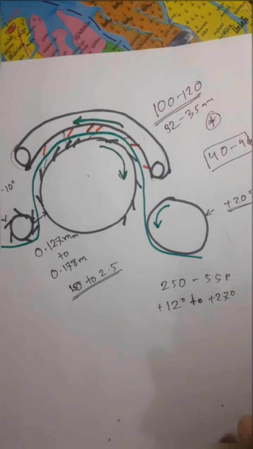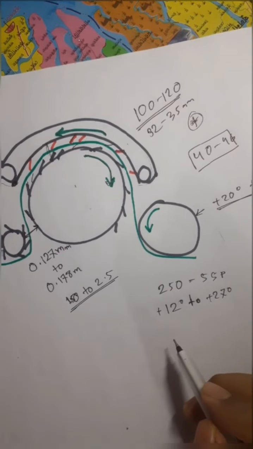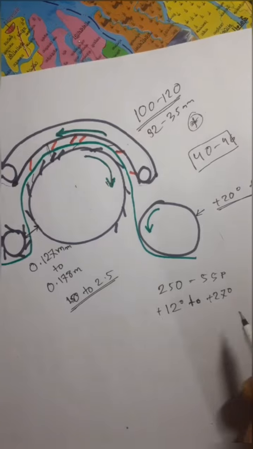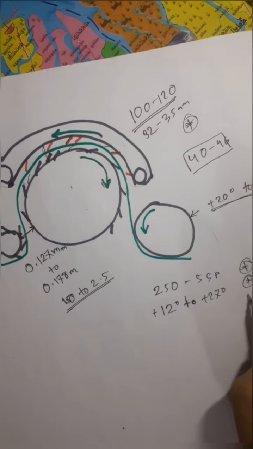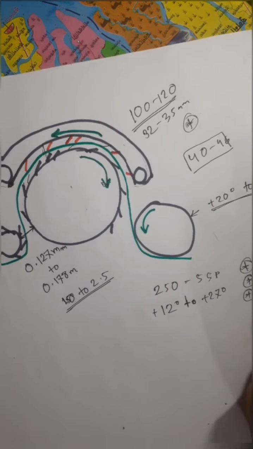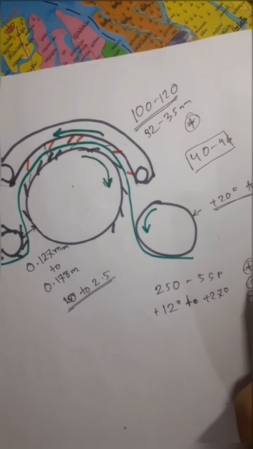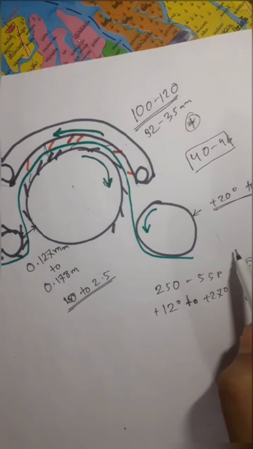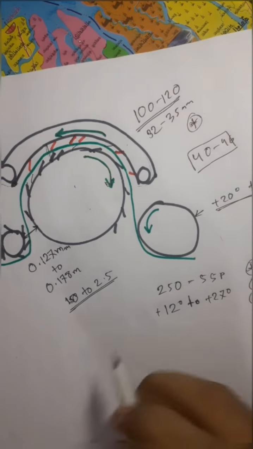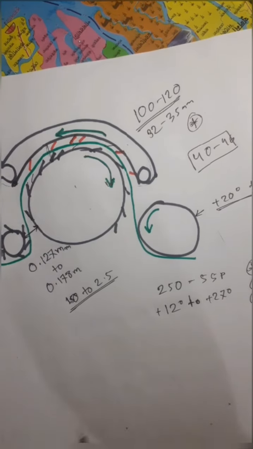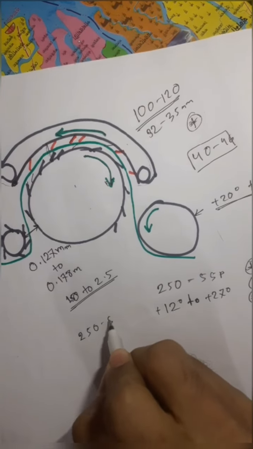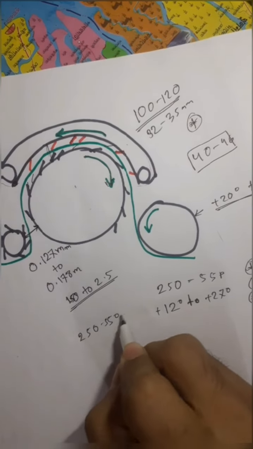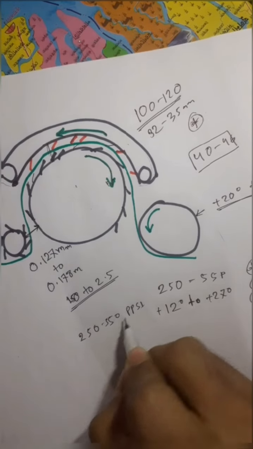Actually this wire density and wire angle is very important because the cleaning efficiency, opening efficiency, fiber individualization, and neps opening all depend on wire angle and wire density. As we already said, the wire density is 250 to 550 points per square inch.